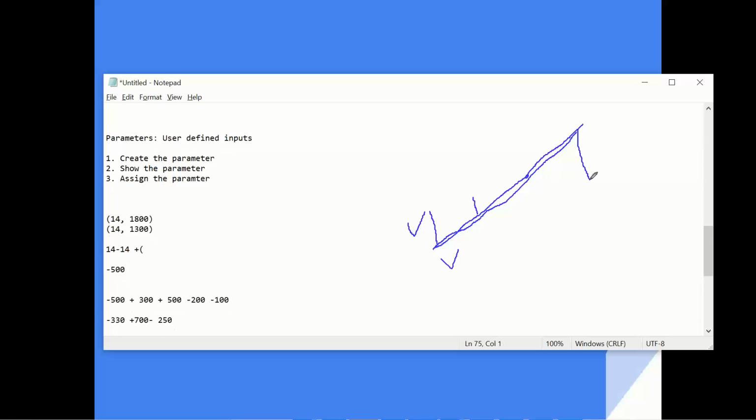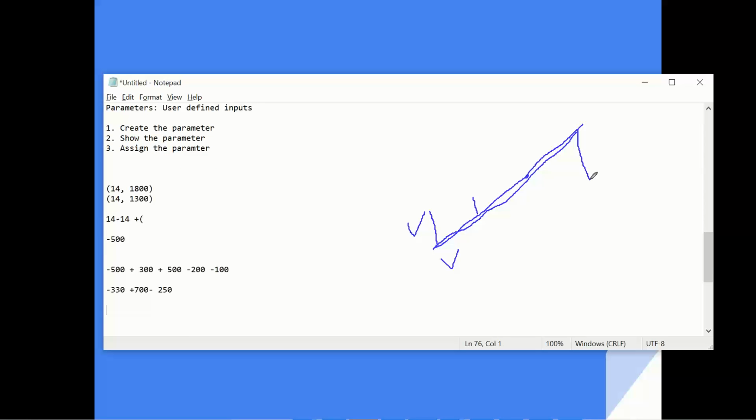And now when I add up all those numbers, I got a difference of, say, 200. In your case, the distance was coming as 100, and in my case, it came out to be 200 when I added up all the numbers. So our goal is the line that has the minimum distance, right? The line that has minimum distance is considered as the best fit line. So your line has a distance of 100, but my line had a distance of 200. So your line will be considered as the best fit line.